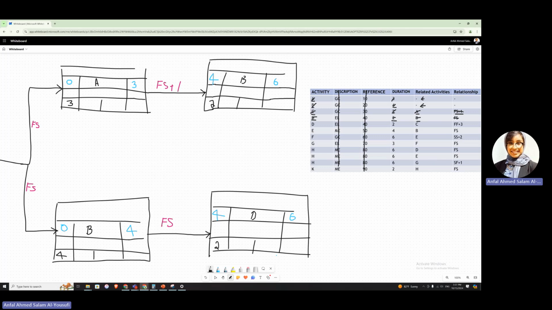I'm having another D, however, in this other D, the duration is 2, which is the same. However, the related activity is C, and it says finish plus 3. Okay, did I miss drawing C?